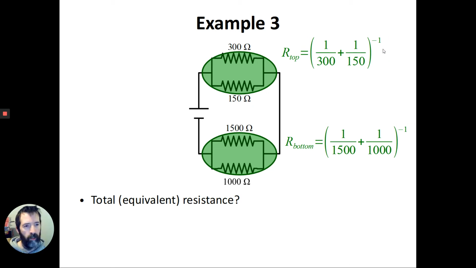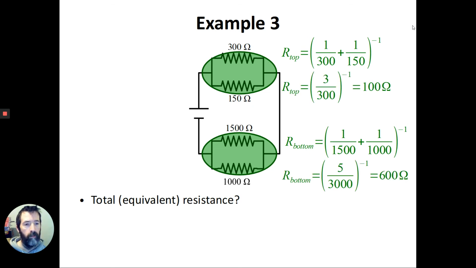Notice that now I'm writing with a -1 power on this side instead of having the 1 over R. Same thing. So 1 over 300 plus 1 over 150 to the -1. And then same thing with 1500 and 1000. Get some common denominators again. 3 over 300, that's the same as 1 over 100.